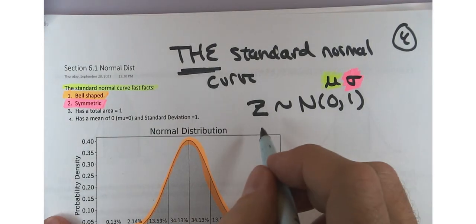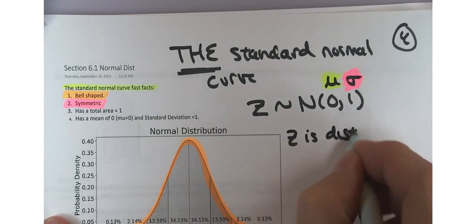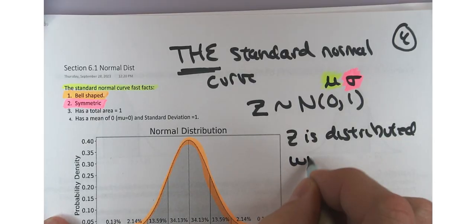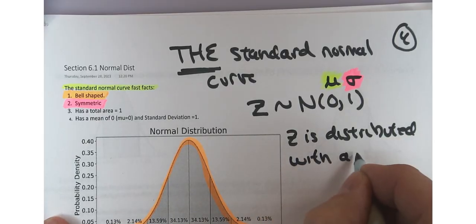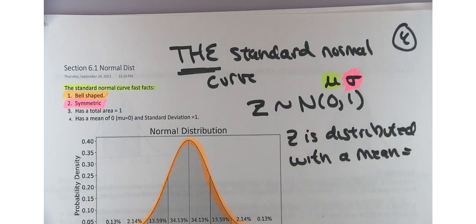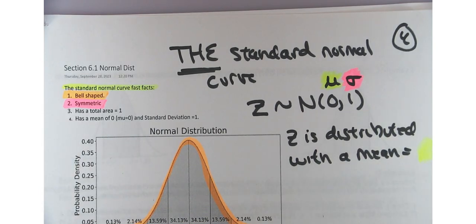The way that this is read is Z is distributed with a mean equal to mu. In this case it's going to be 0, and a standard deviation equal to sigma.